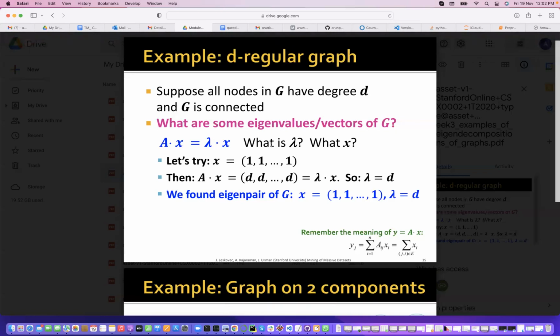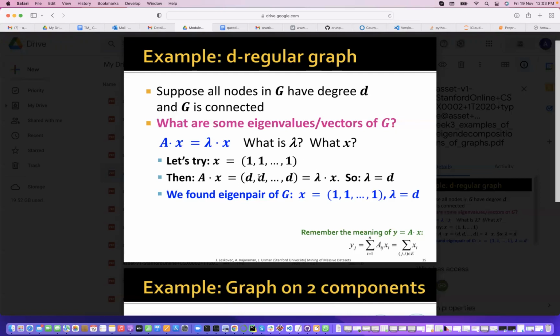You know the definition of strongly connected: each node has an edge to all other nodes. Then your A matrix also will become ones, right? So Ax also becomes ones in that case.